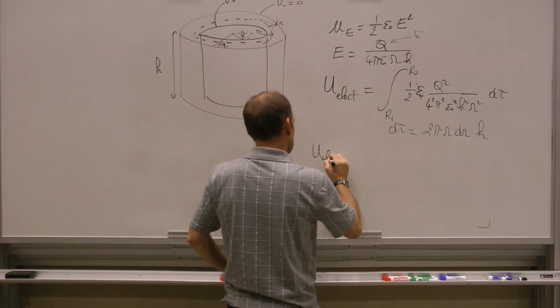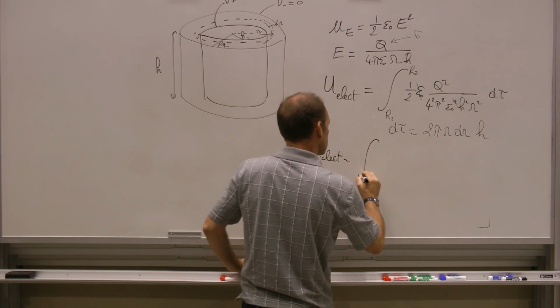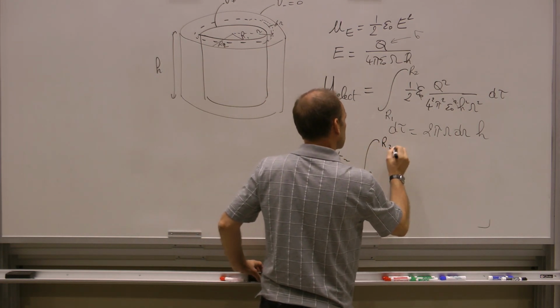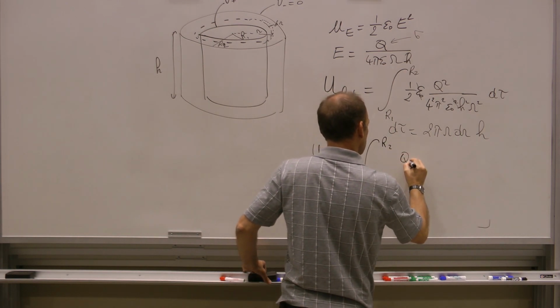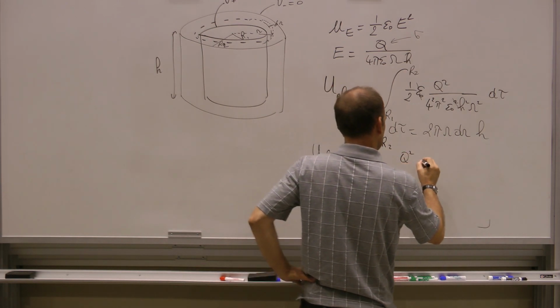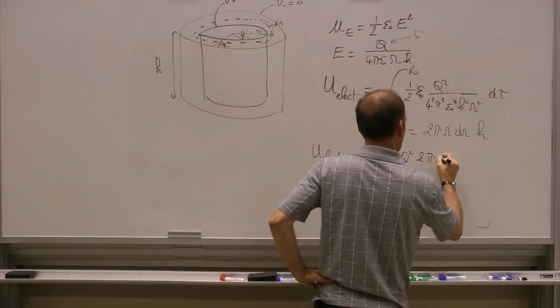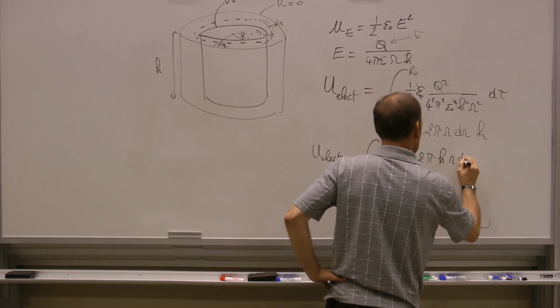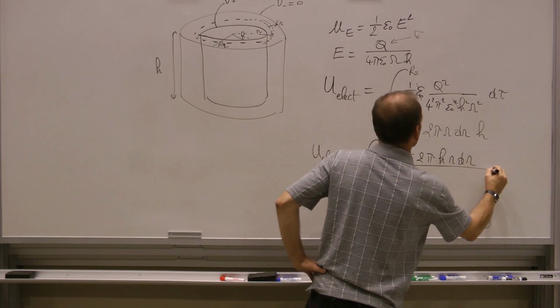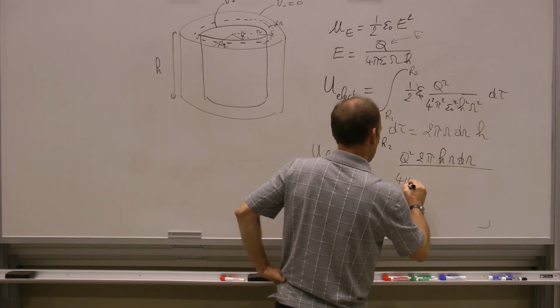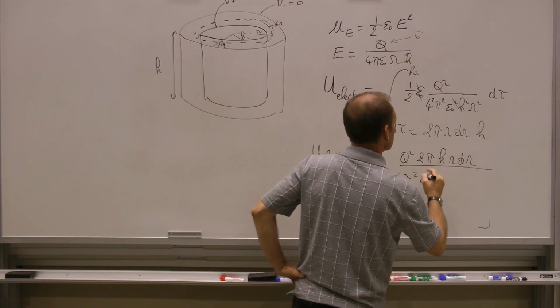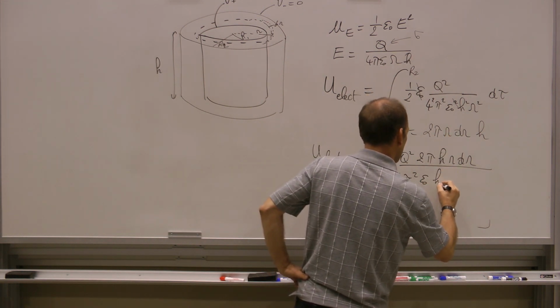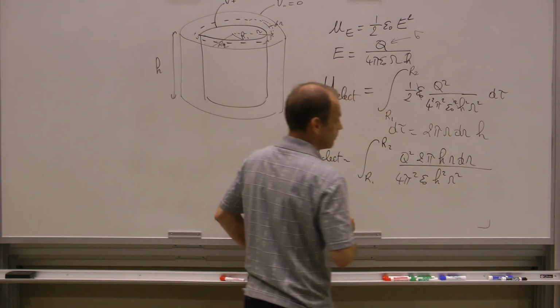U electric. The integral of r between r1 and r2 of Q squared 2 pi h r dr divided by 4 pi squared epsilon 0, one of them is gone, h squared r squared.